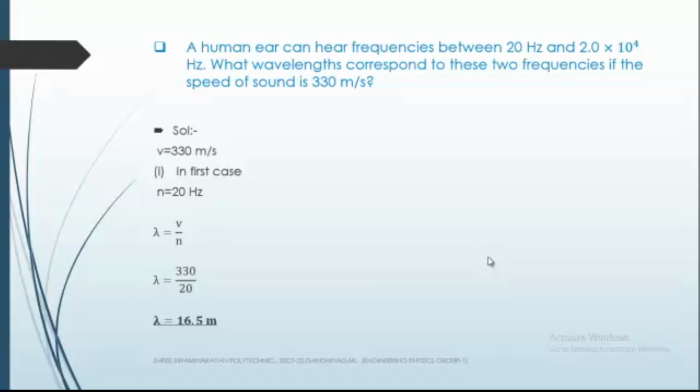In second case frequency is 2.0 into 10 raised to 4. Velocity is already 330 meter per second. Now the equation lambda is equal to V upon n. Value of lambda is equal to 330 upon 2.0 into 10 raised to 4.